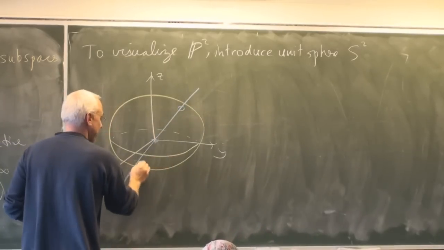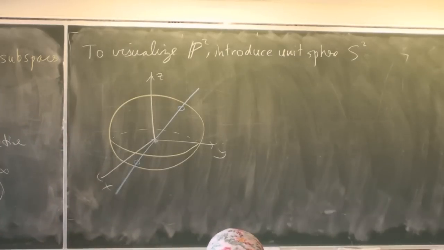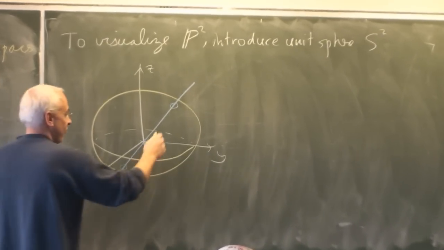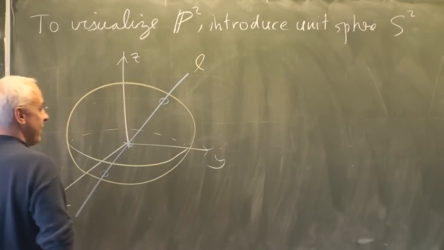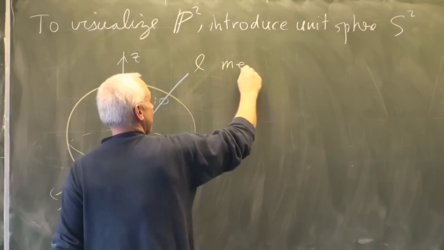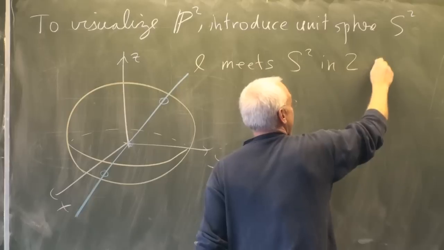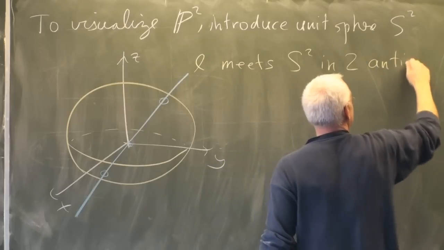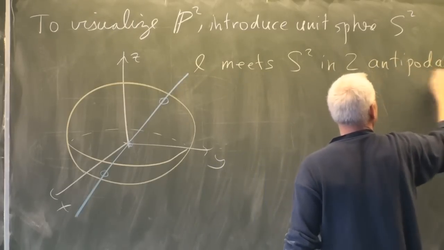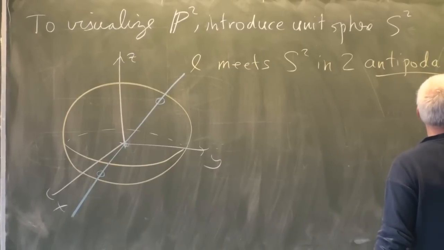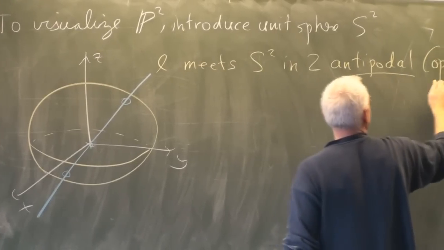In fact, 2 antipodal points, which means opposite points. So this is a line L, and it meets the sphere in 2 antipodal, or opposite, points.